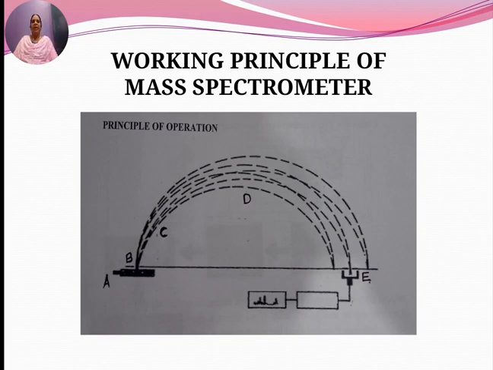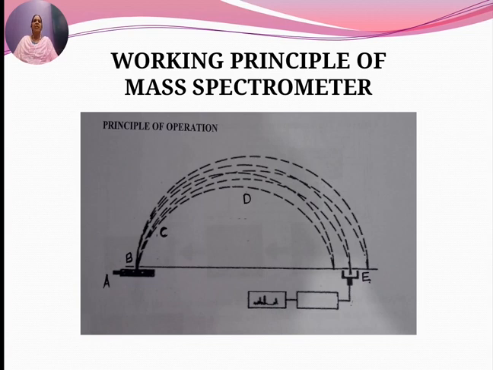Then this magnetic field, what does it do? It deflects the ion beam in a circular path. The deflection of light ions is greater than that of the heavier ions. So the lower curve is for heavier ions and the upper curve is for light ions. Light ions, as they are lighter, can be deflected at a greater distance.